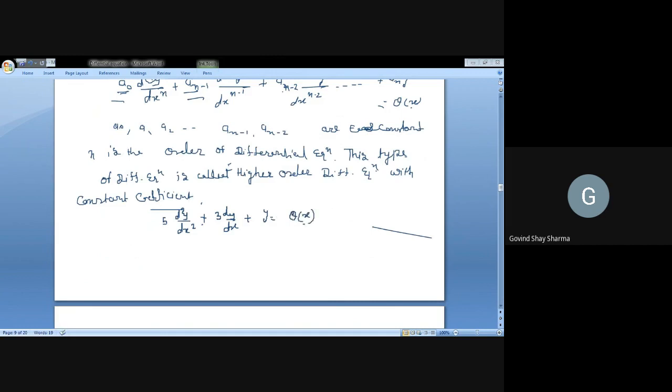In this question, we see the order of the differential equation is equal to 2 because the highest derivative is d2y/dx2, and 5, 3, 1 are the coefficients.